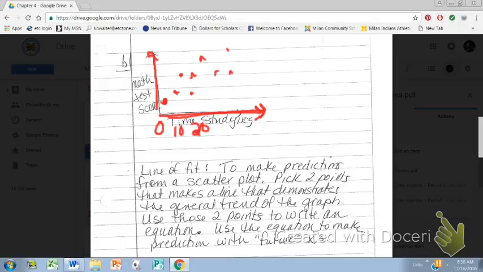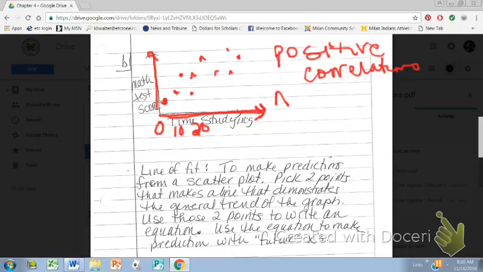Now, that's not absolute with everybody. I know people could argue this, but in general, as time studying increases, your math test scores are going to increase. You have to think of the average population. So that would result in a positive correlation. And you must also describe it.